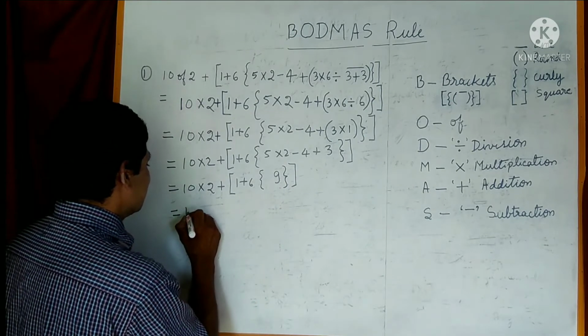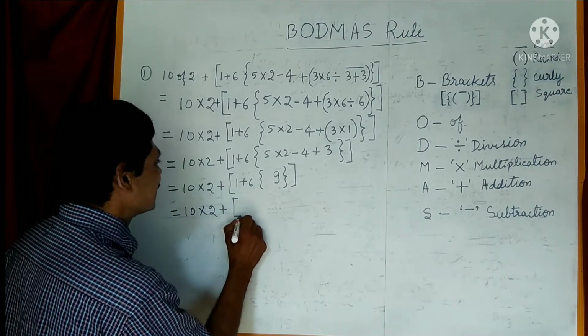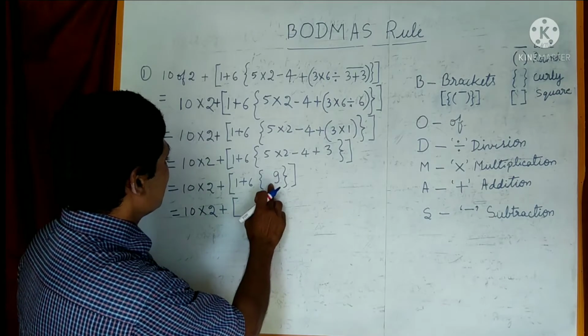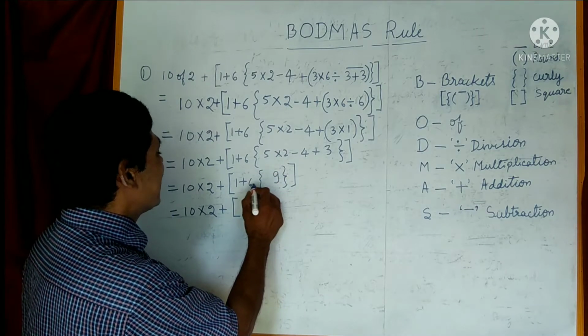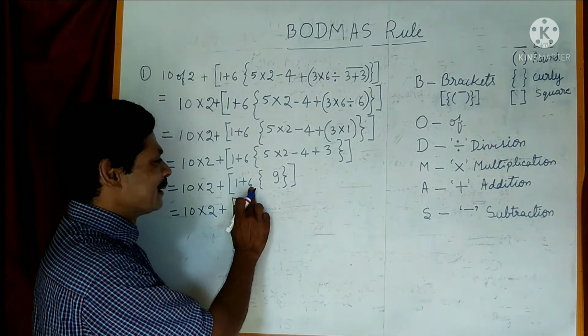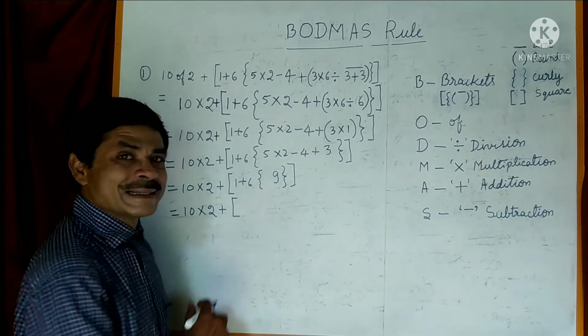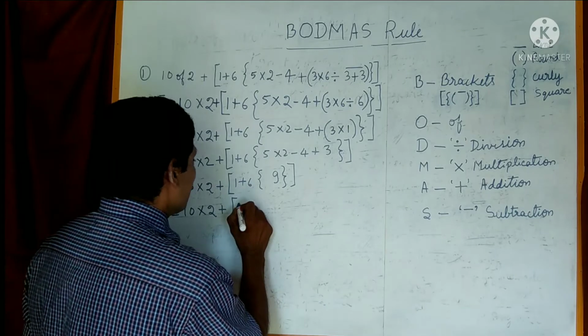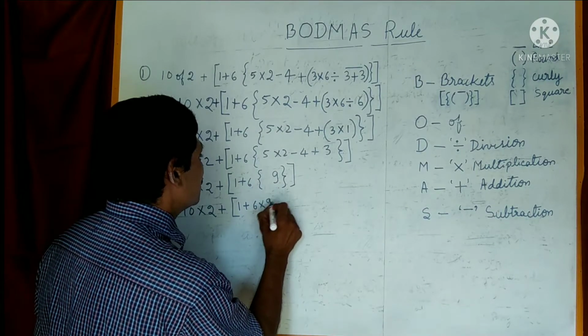Now we will remove this. Okay? 10 into 2 plus 1 plus 6 into 9. This means that wherever a bracket is there and outside it any number is given, this indicates the multiplication sign.